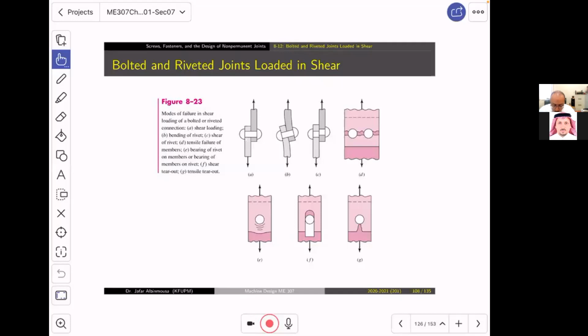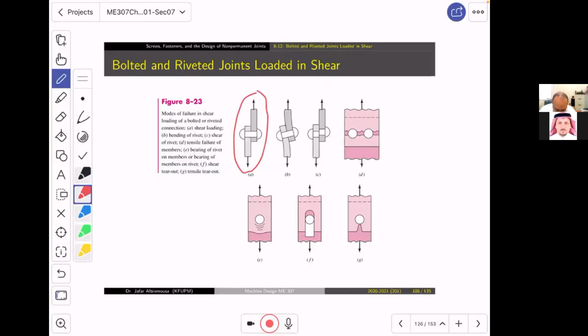So what do we have here? We have a riveted joint. This is A, and for A, it says that this is a shear loading. And as you see, the rivet is right there, okay, with two heads like this to prevent the plates from moving in the transverse direction, and the loading is acting in this way.